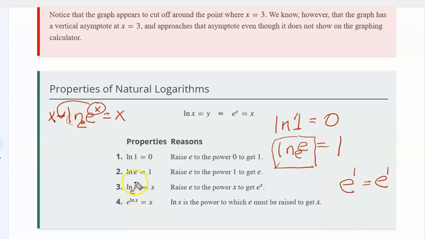This part is 1. The x would actually go out in front. x equals x. Now here, if you have e to the natural log of x, this also equals x when it's in this form. Now they didn't put the natural log out here, but they have natural log written as an exponent in a sense. And that equals x as well. So a couple of things to remember as we work these through in other equations.